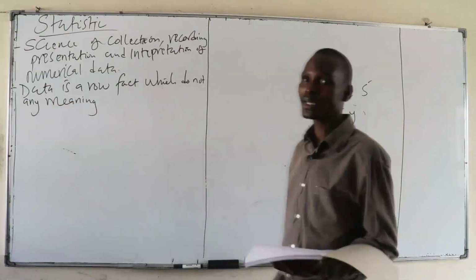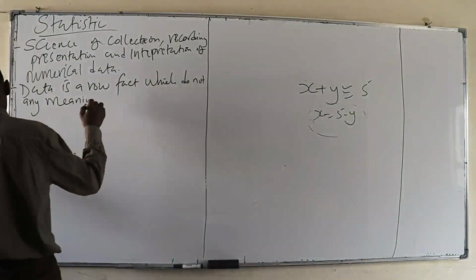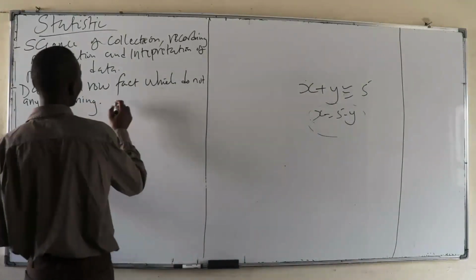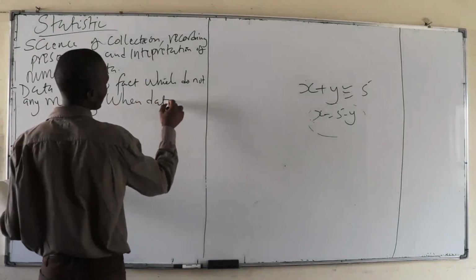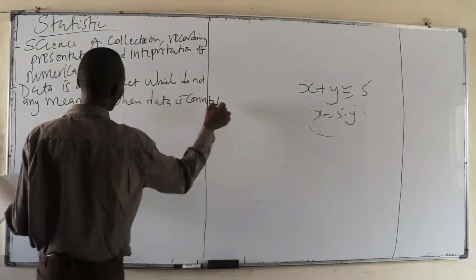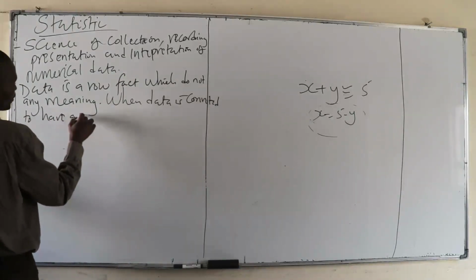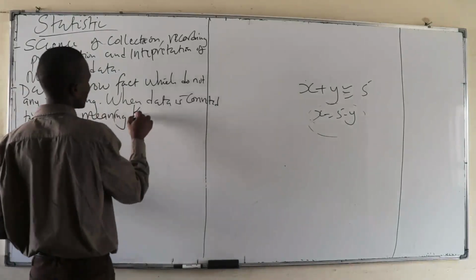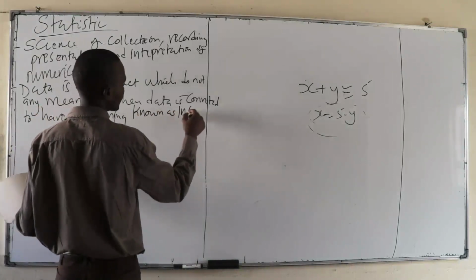Are we together? Then you say, when data is converted to have a meaning, it is known as information.